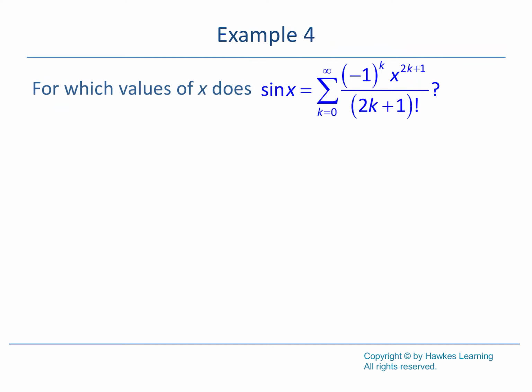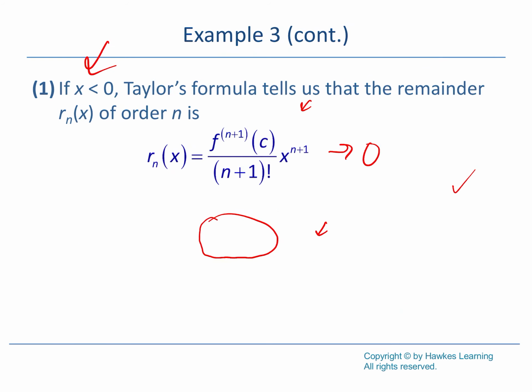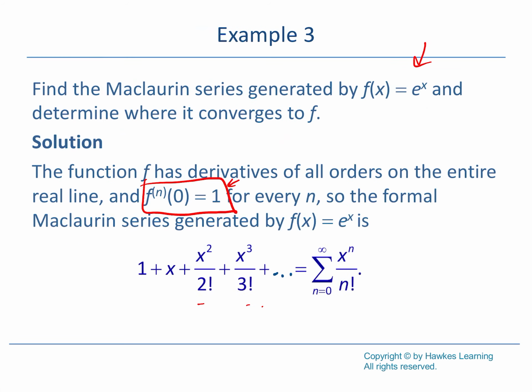All right. So that one was about e to the x. Here we'll look at sine of x, which is very, very related to e to the x. This is a little bit of a teaser for the next lesson. Let me see if I can pull up e to the x here.